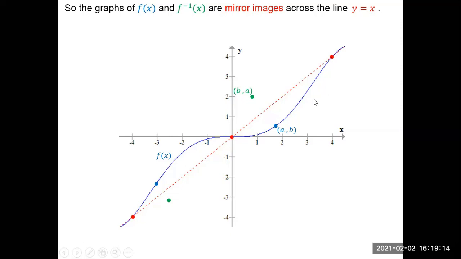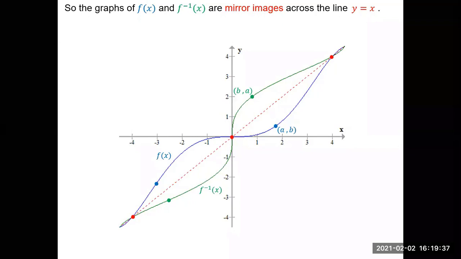So switching them will also give me a point on f inverse. So if I now connect these points, I get the new green graph, which is considered the inverse function to the function f. So in order to plot inverse functions, all we're doing is switching the inputs and outputs and plotting all of the points that remain.